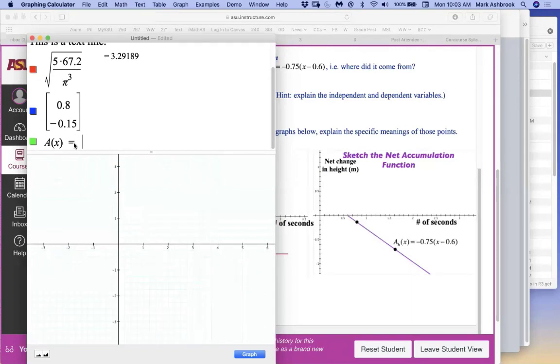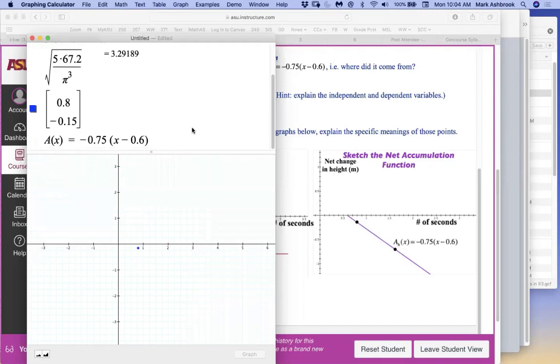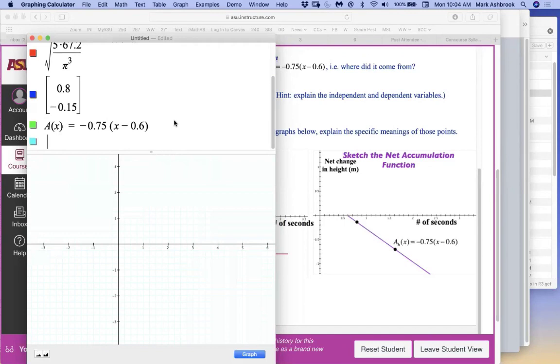So I want to define my function a of x, negative 0.75 times x minus 0.6. Okay, now I'm going to graph. Why did it not graph anything? Because that's the definition of a function, the graph of which is just one representation. This is not telling GC to graph anything.